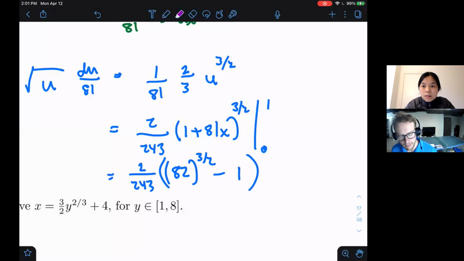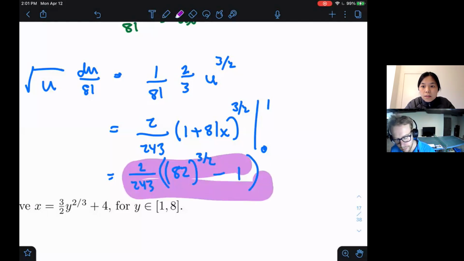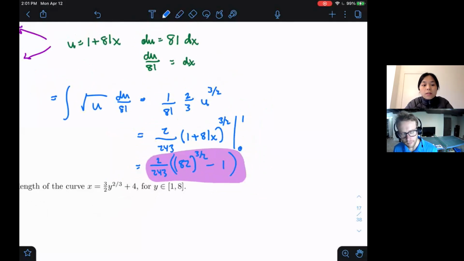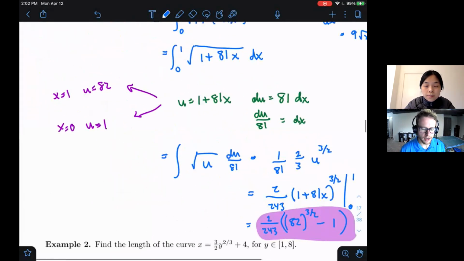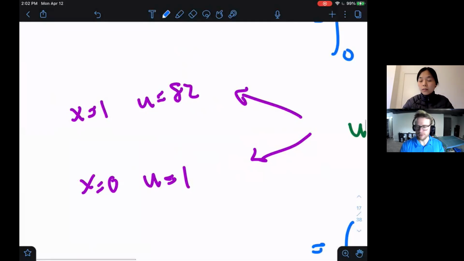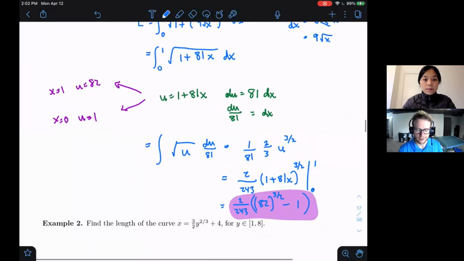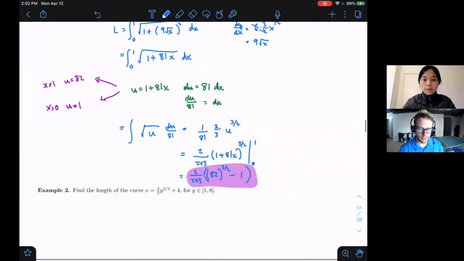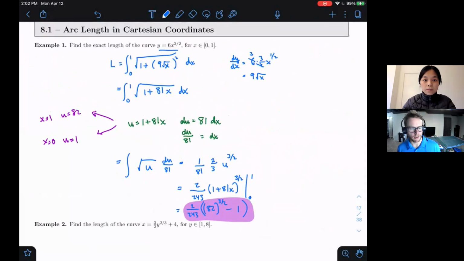So this right here will be my final answer. And of course, you can even see in our final answer the 82 and the 1 that you would get if you switched the bounds earlier rather than later. So either way you do this, you get the same correct answer there.